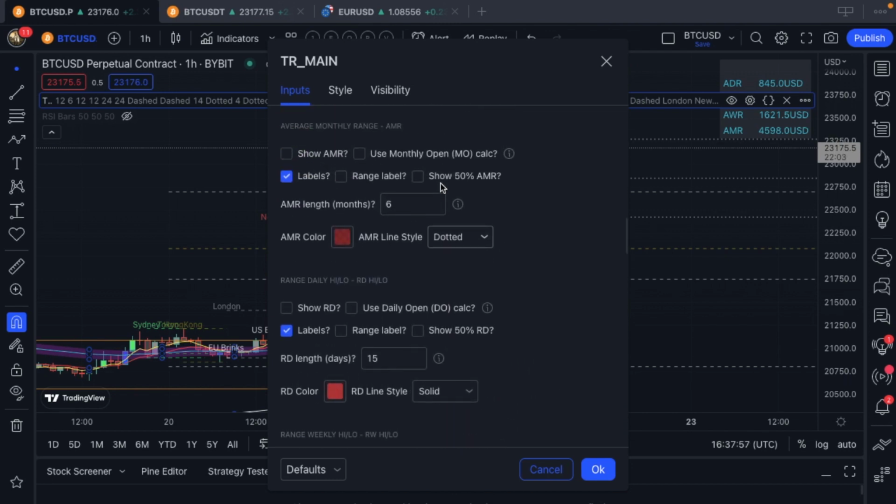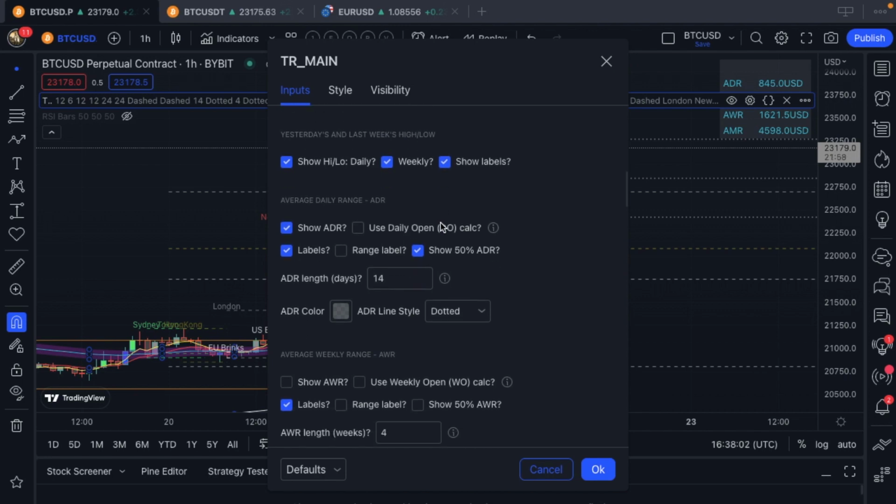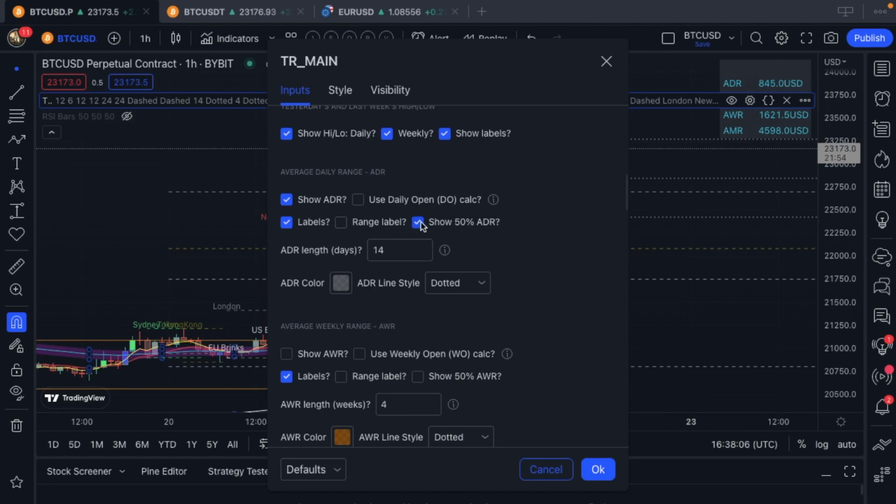Okay, while we're in the settings, let me show you another. All right, under the average daily range, this is how it comes, standard. I like to put on the show 50% of the ADR, and sometimes I will use the daily open in the calculation.